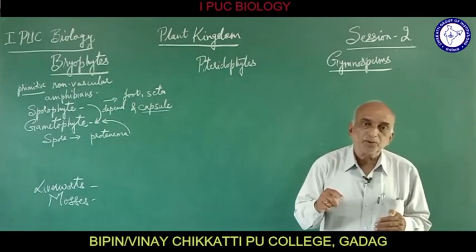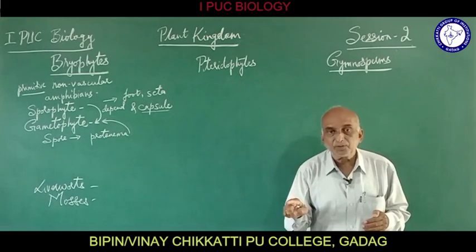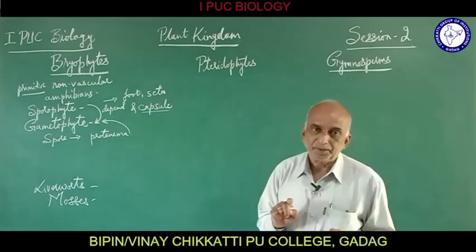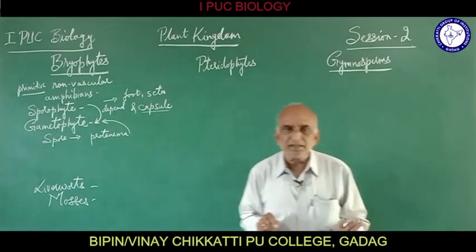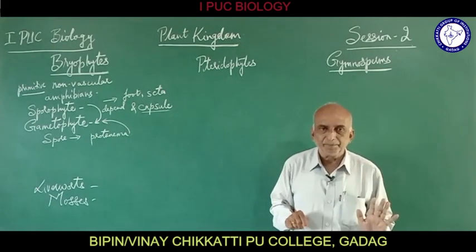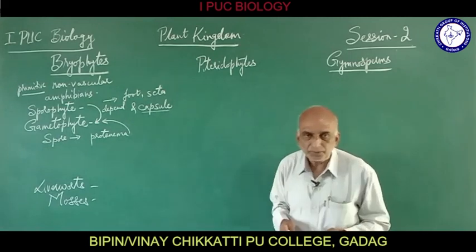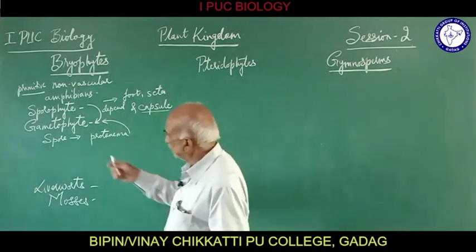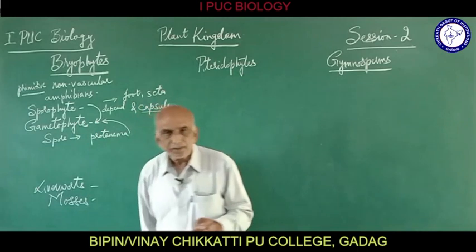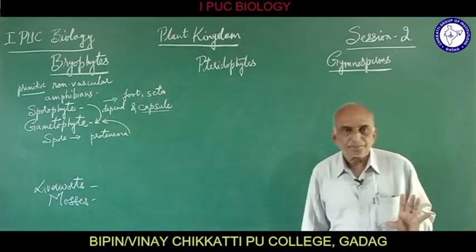Then the primary protonema will give rise to secondary protonema, and the secondary protonema will give rise to the gametophyte. However, in still other bryophytes, the protonema is only one. The spore will develop into protonema and the protonema into the gametophyte. So then the gametophyte, which is independent.